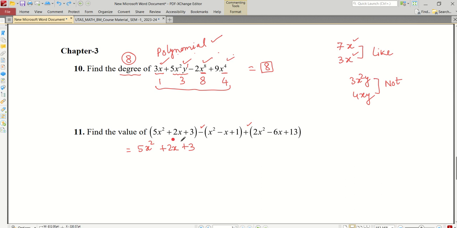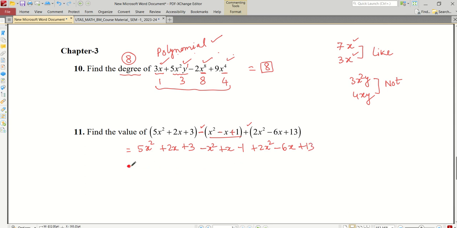Okay. Now here negative. Negative means all signs inside will change. Minus x square. Then this minus will change into plus. This plus will change into minus. Now here plus, so same. 2x square minus 6x plus 13.